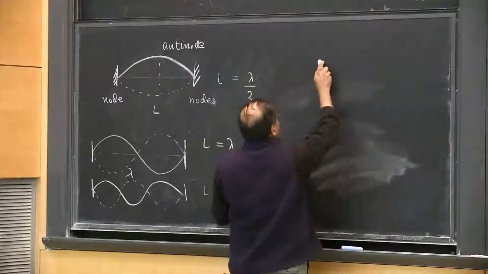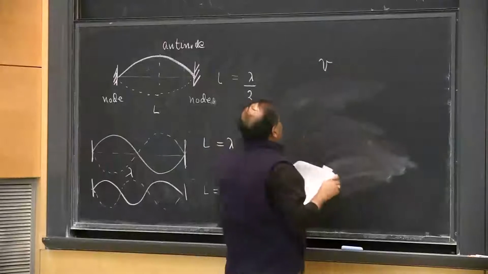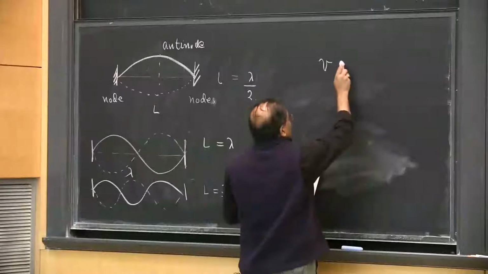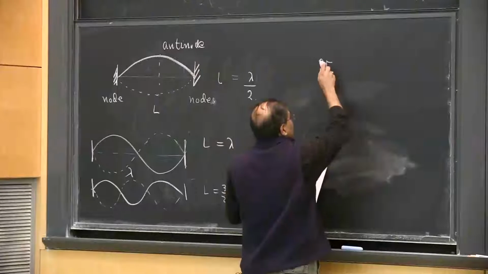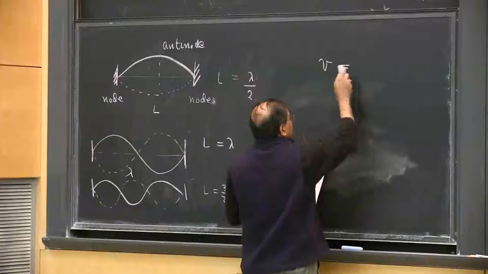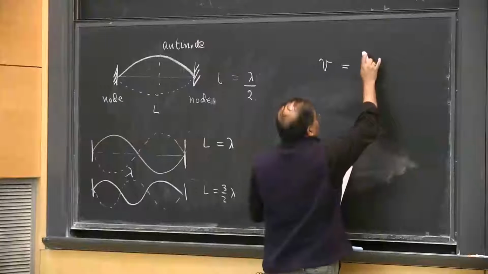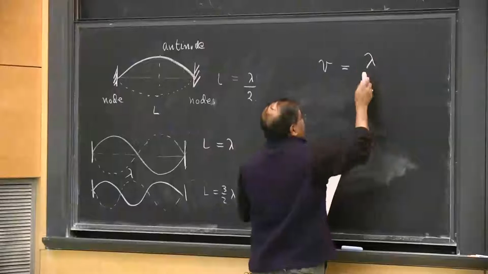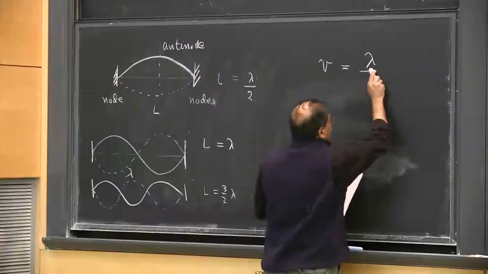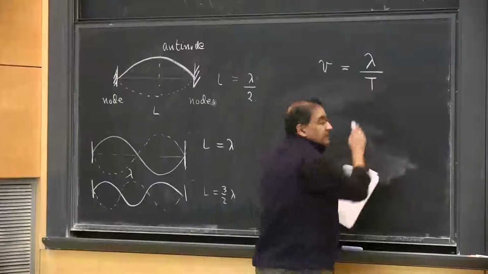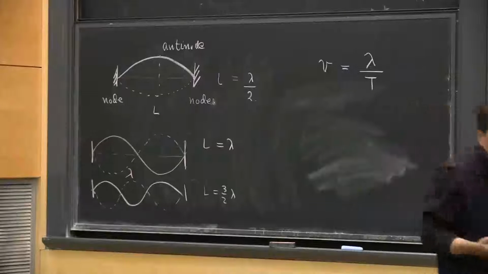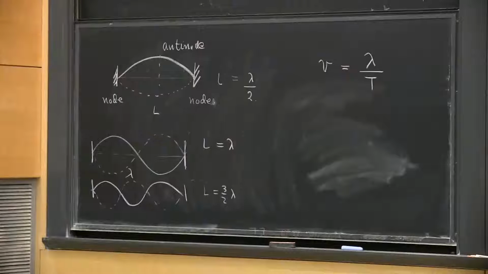And then the fact is that we know that the velocity of the wave should be distance over time. The easiest way to think about the velocity of the traveling wave pulse here would be the wavelength traveled, which would be lambda, and the wavelength is traveled in period T. By definition, a wave travels an entire wavelength in period T. That's a full cycle.